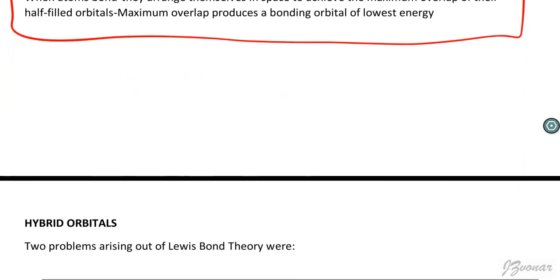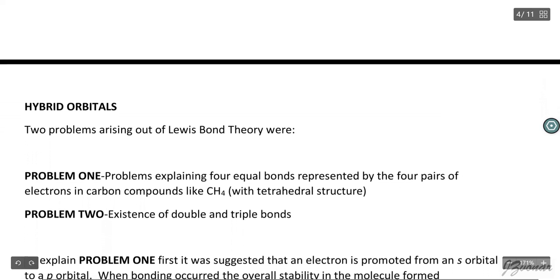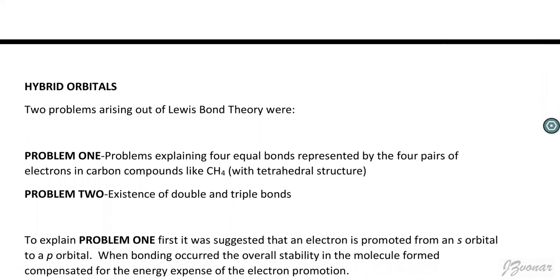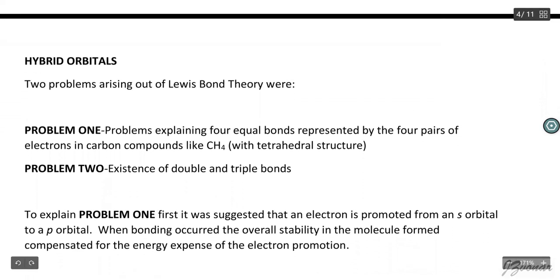What we're going to move on to now are called hybrid orbitals. The reason this part of the theory had to be developed is because there were two problems. The first problem is that it wasn't able to explain the four equal bonds present in molecules like methane, CH4, which has a tetrahedral shape.